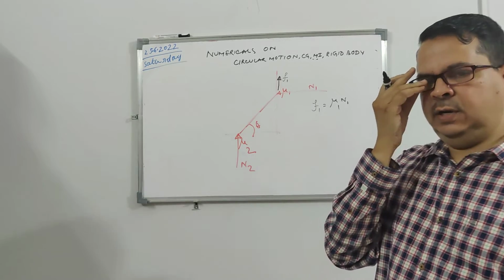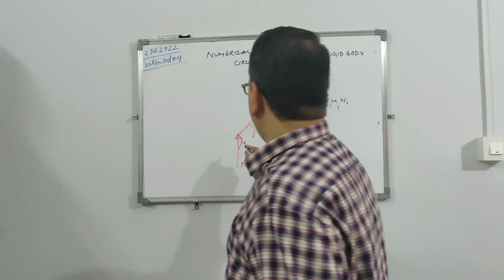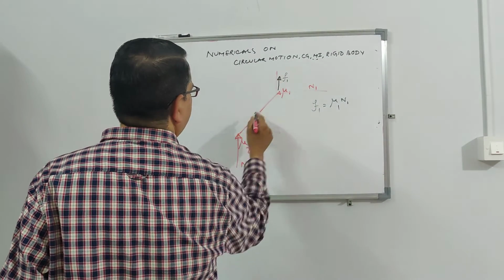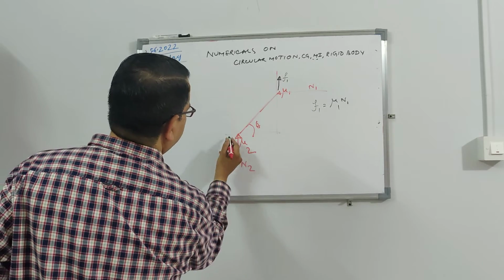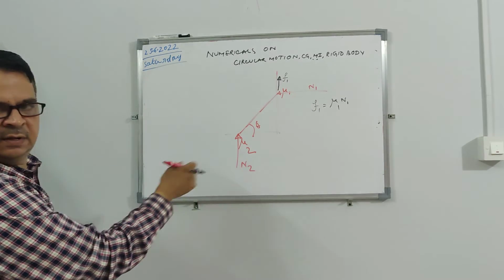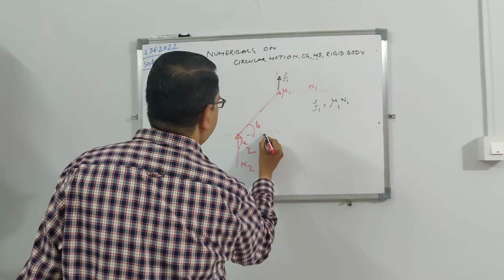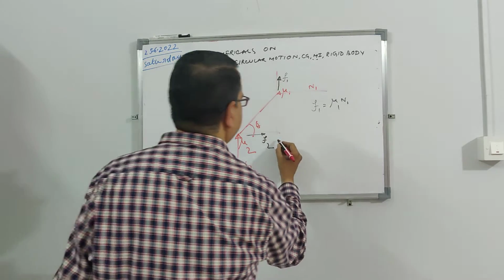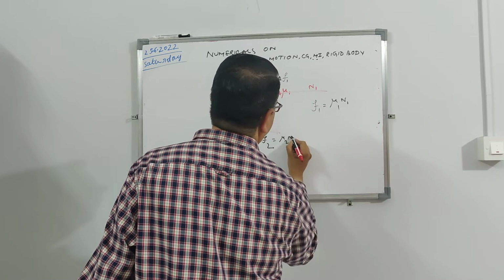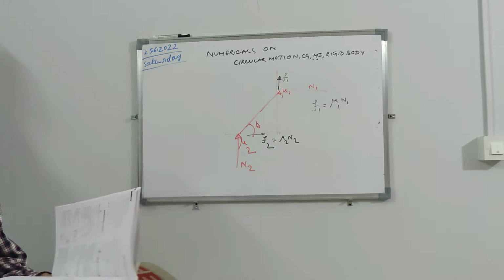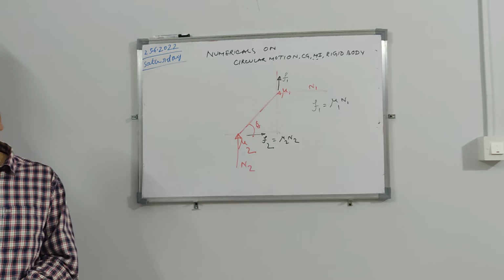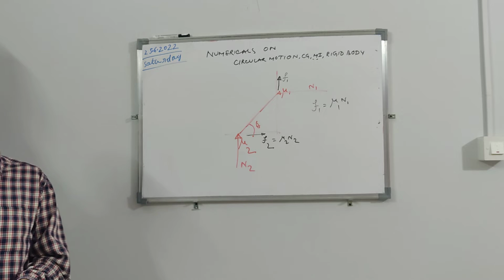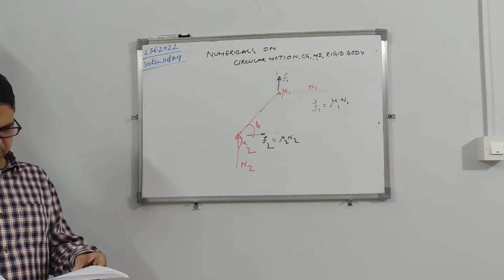When it is trying to slip, it will try to move in this direction, so there will be another frictional force acting here, F2, which is nothing but mu2 into N2. So these are the two opposing forces.